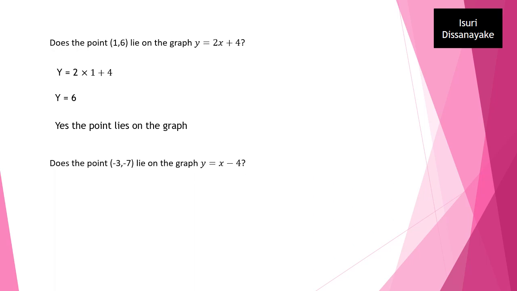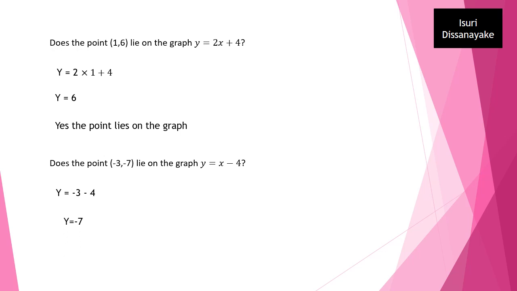Next example, does the point (minus 3, minus 7) lie on the graph y equals x minus 4? Our input here is the x coordinate, which is minus 3. Our output should be minus 7. So we're going to check: y equals minus 3 minus 4, which is equal to minus 7.